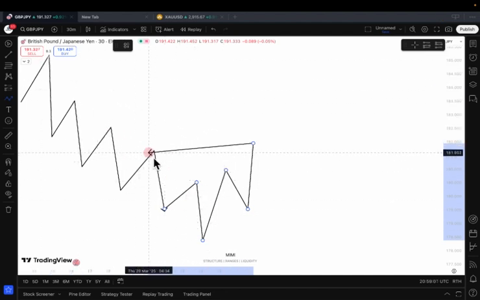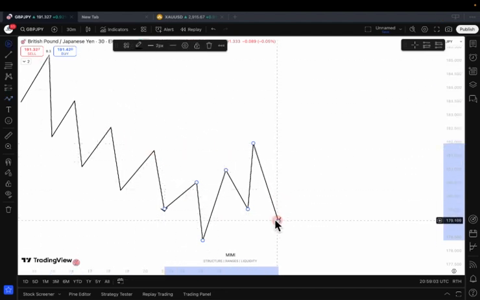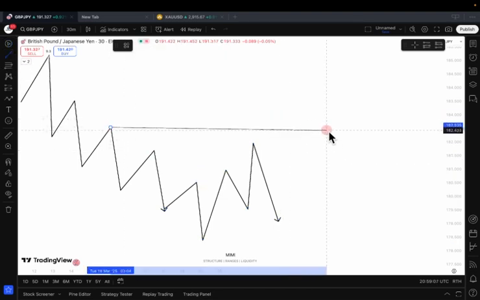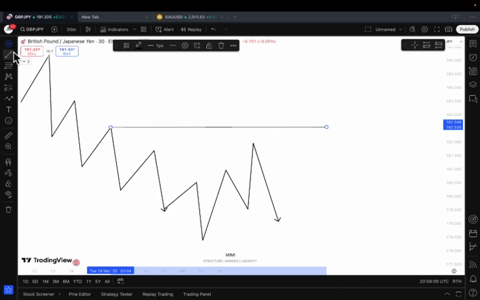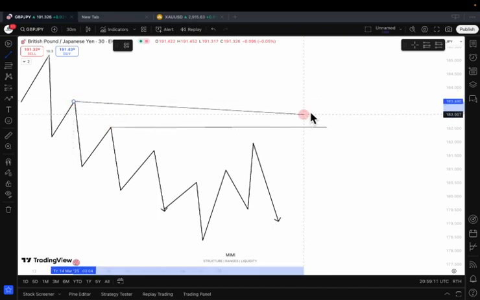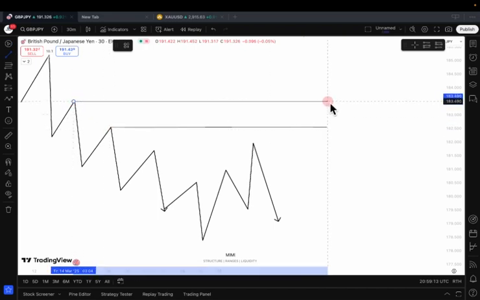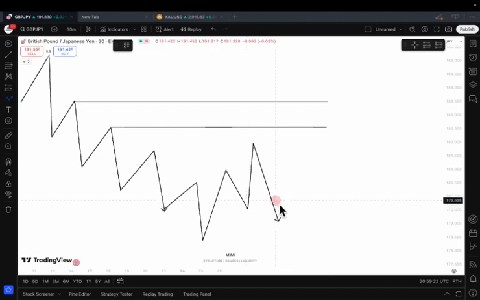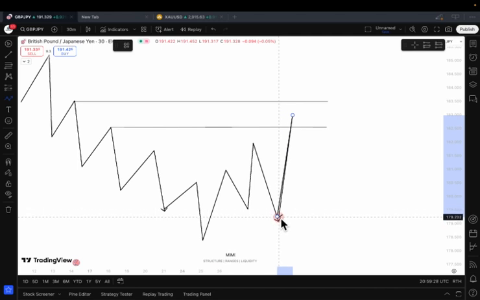These are transactional liquidity. Now each of these transactional liquidity, people regard it as having demand and supply. Okay, these sellers have supplies that were kept at this point, and they will say that whenever price comes back to take out this guy, the low is considered as a flip zone.